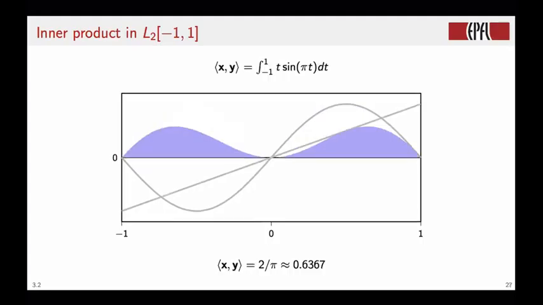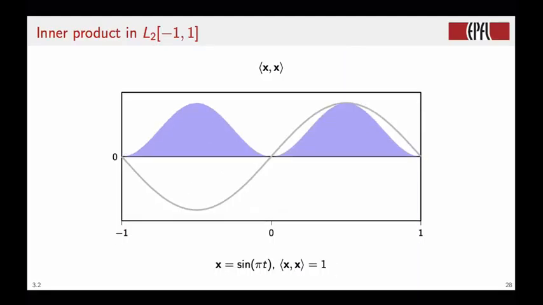Doing a little bit of trigonometry, you integrate t sine pi t between -1 and 1, it will be equal to a positive number that we can see here graphically, because the product is positive on the negative half and positive on the positive half. Then you integrate this blue function, and indeed you get something that is positive. It happens to be 2 over pi.